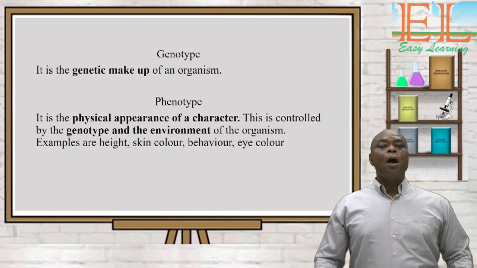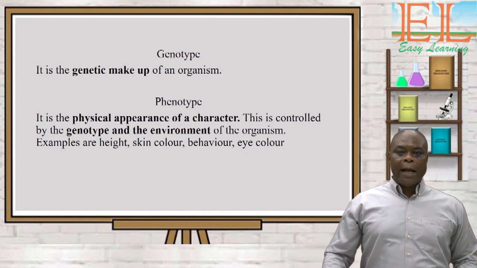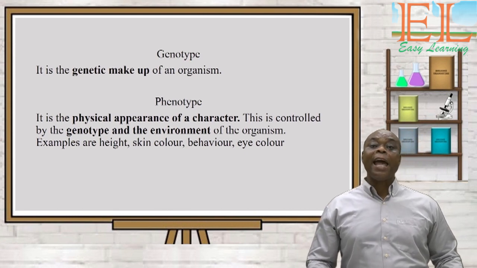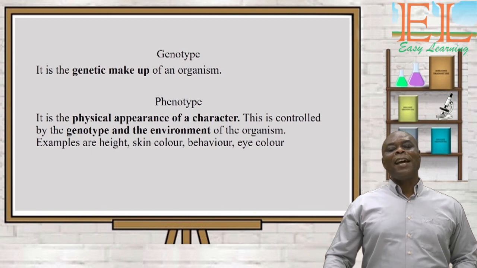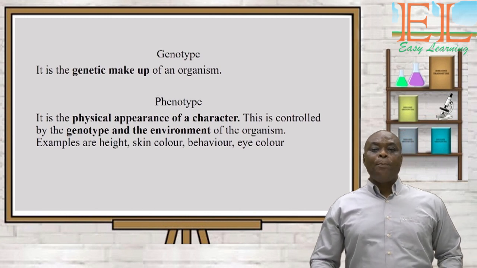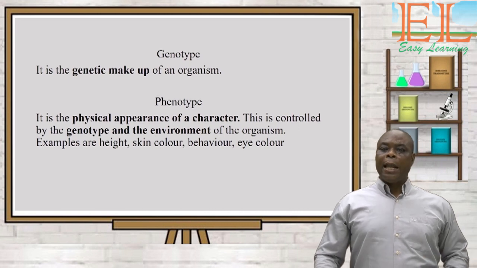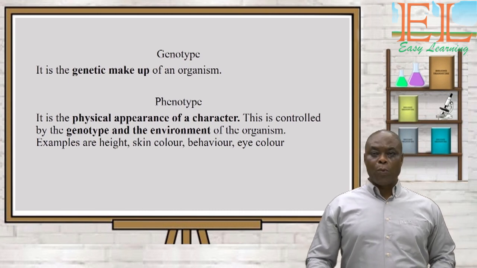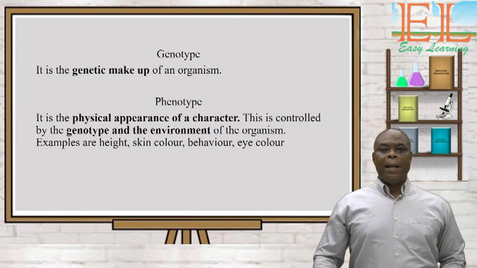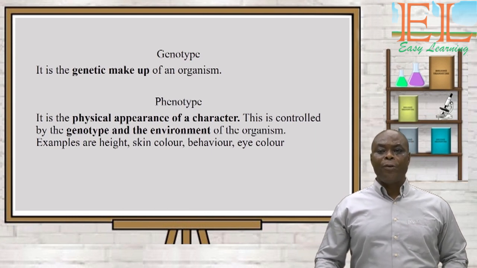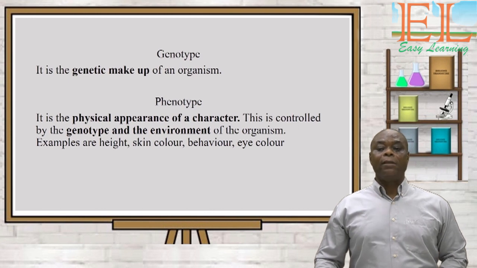A person born to be dark may bleach to become fair. That skin color is controlled by both the genotype as well as the environment. The person genotypically is supposed to be dark, but due to bleaching, which is environmental, becomes fair.